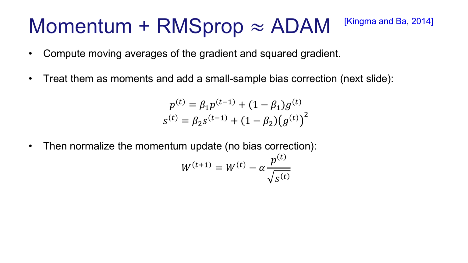And because you're going to use this in a denominator, there's a danger of it exploding if your estimate is too small. So a safer thing to do is use a much longer estimate for the S parameter. And so that beta 2 is commonly 0.999 or 0.9999. So in other words, the window is 1,000 to 10,000 steps.